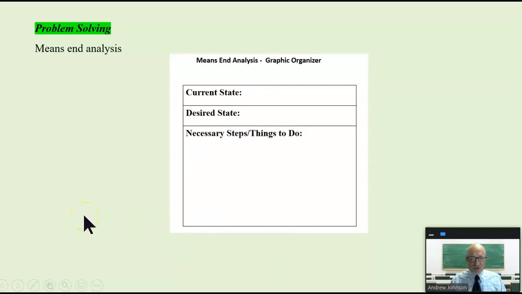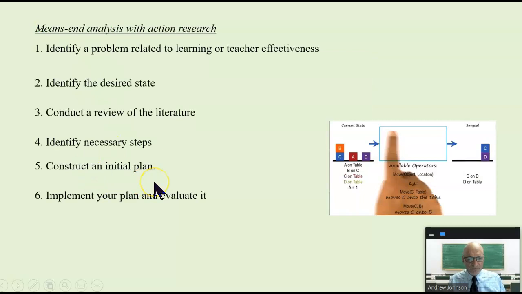A problem is a differential between the current and the desired state. So the first step is to identify a problem, then identify the desired state and begin to list the things necessary to move from current to desired. That is means end analysis.